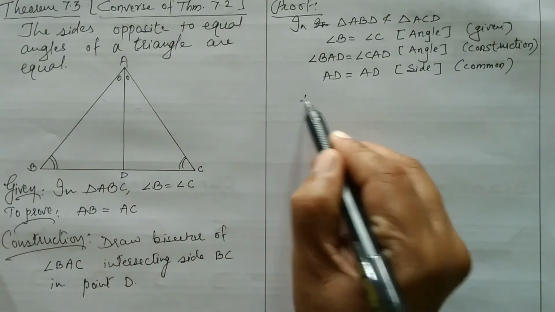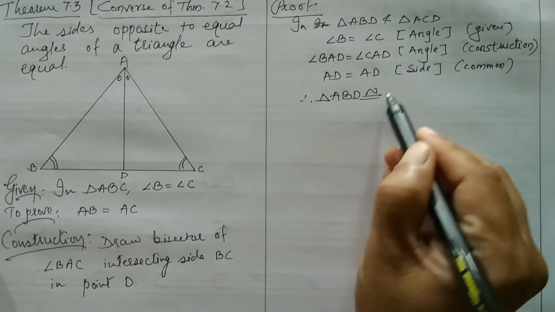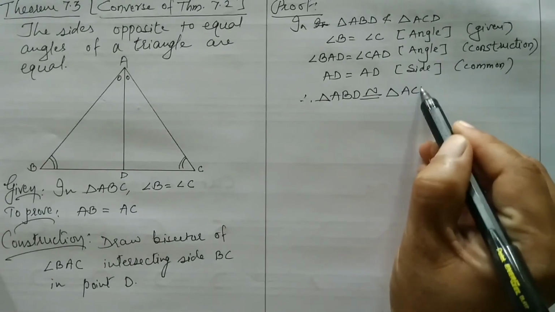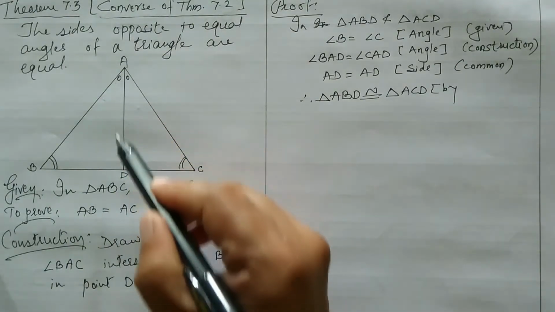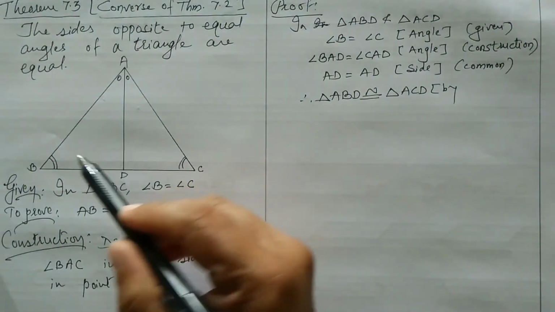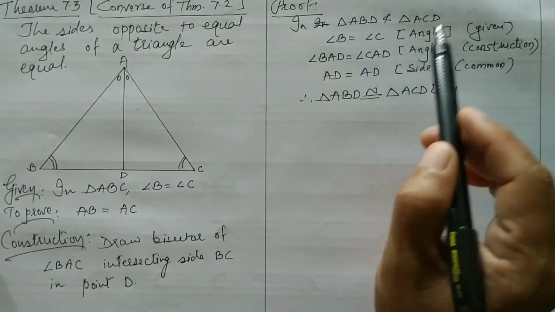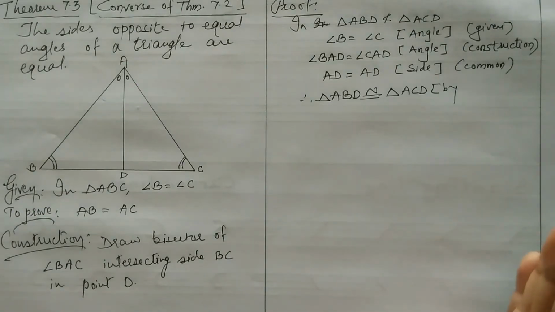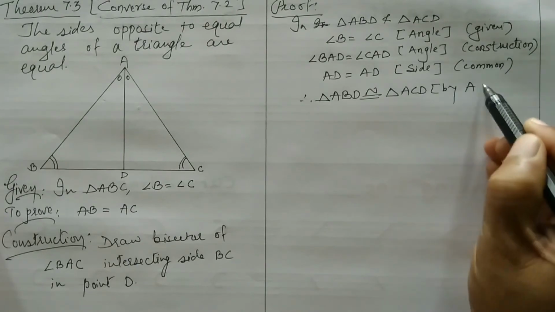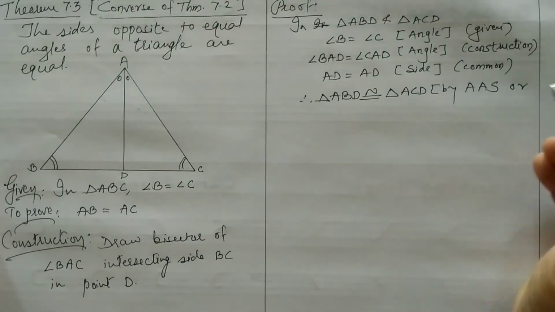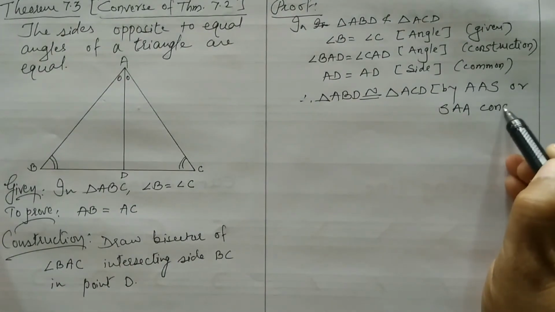Therefore, triangle ABD is congruent to triangle ACD by angle side angle, or you can also call it the ASA congruence rule.